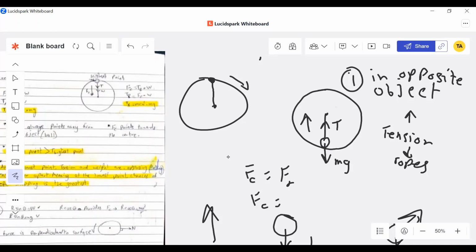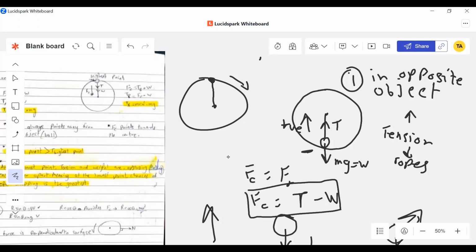And remember, forces are vectors, so forces have direction, and direction will matter here. Since tension is upwards, upwards is positive, so I write tension as positive. Weight, mg, is in the downward direction, so I write mg as negative. So tension minus the weight of the object equals the centripetal force.